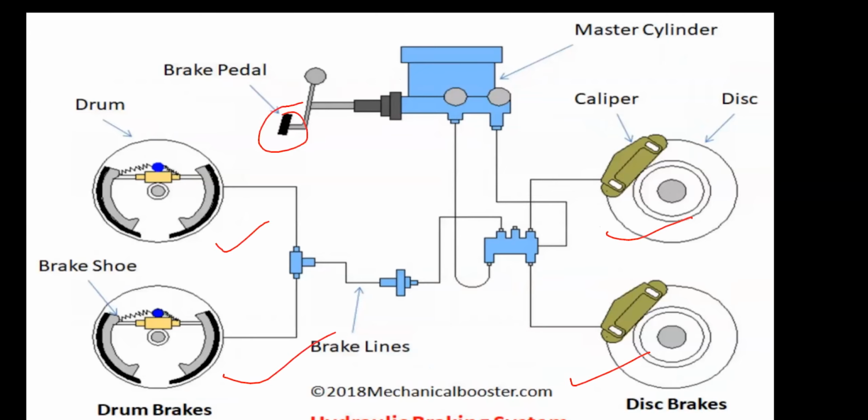Where the driver applies the brake, or let's say force, the pressure is transmitted toward all the wheels, and then the bus or the vehicle will be stopped. They can be brought to rest like that.